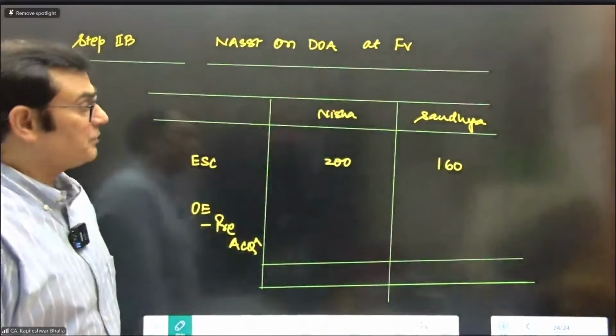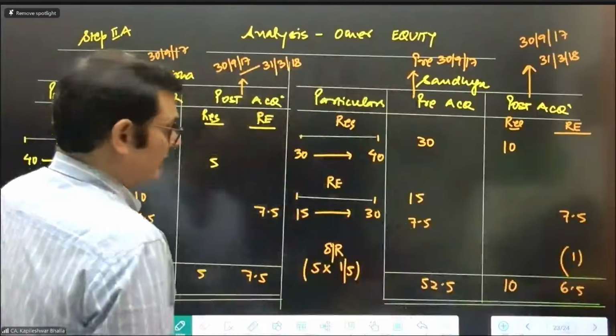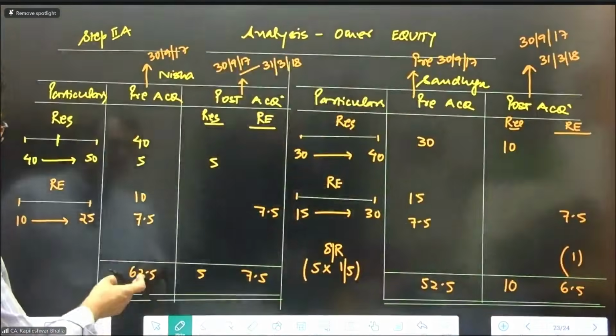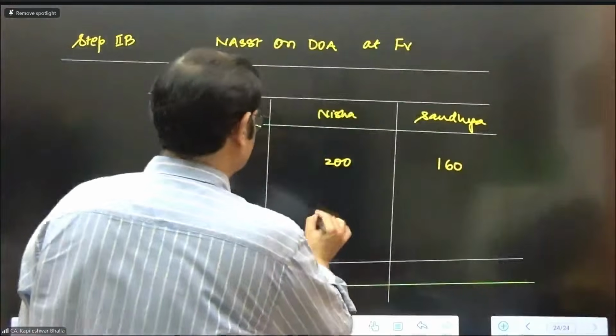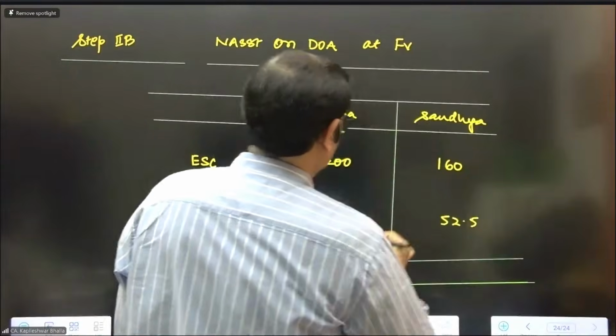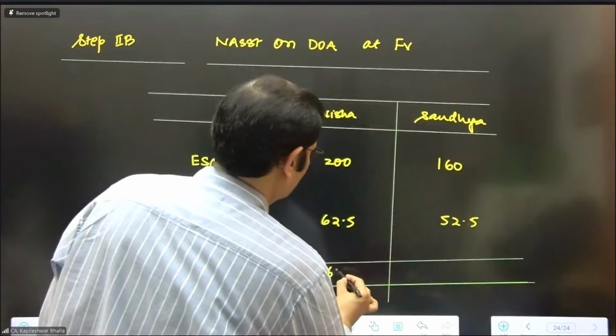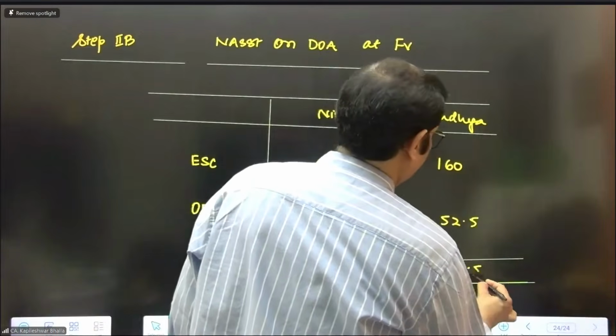And pre-acquisition is available in the analysis. So the pre-acquisition is 62.5, 52.5. This is 62.5. This is 52.5. So this is 262.5 and this is 212.5.